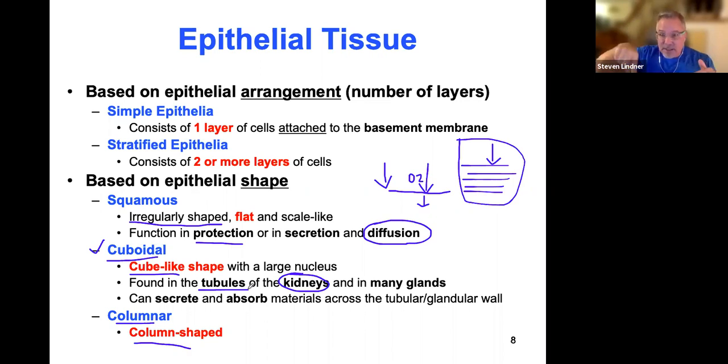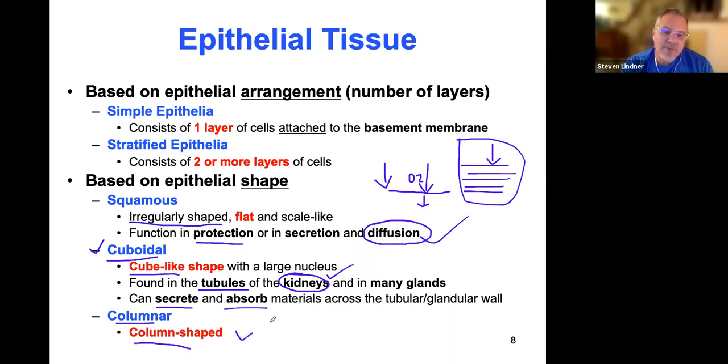Convoluted means it really is all coiled up and mixed up. So where the proximal and distal convoluted tubules are, we're going to find simple cuboidal cells, and they're used for secretion and absorption. And what the kidneys do are different than what the lungs do. So we're going to have different structure, different function.